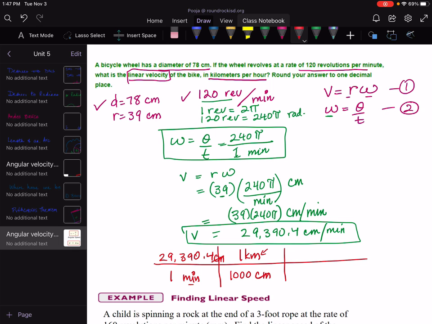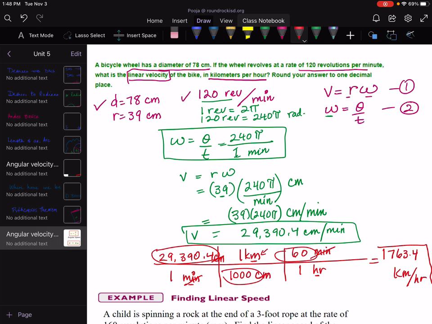Now at the same time, I want to convert these minutes into hours. 60 minutes is 1 hour. And now minute cancels, so automatically this conversion will be in kilometers per hour. I need to take this times that divided by that, so times 60, and then divide the final answer by 1,000.